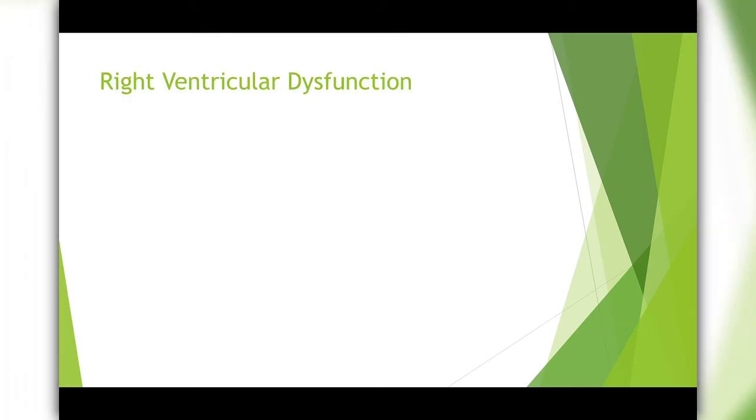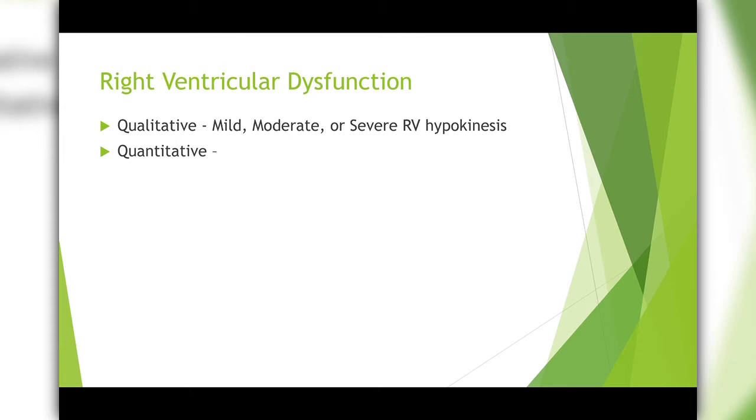Right ventricular dysfunction. Right ventricular dysfunction is characterized qualitatively as mild, moderate, or severe based on the degree of hypokinesis, and quantitatively based on the RV dilatation with RV to LV end diastolic diameter ratio greater than 1.